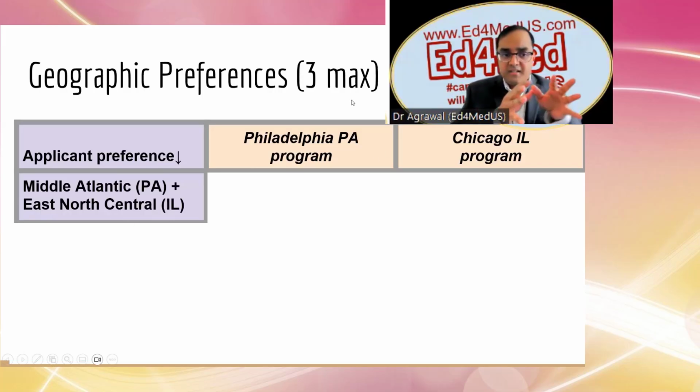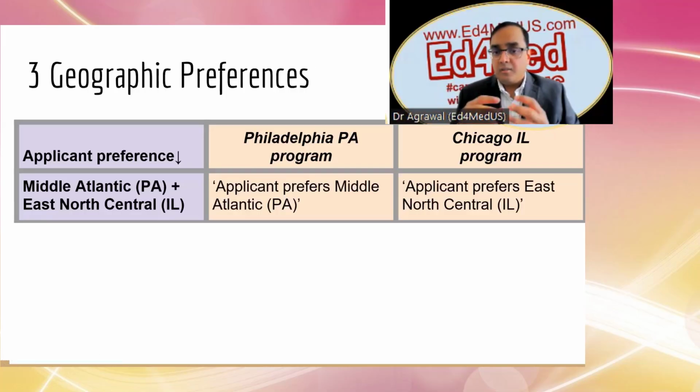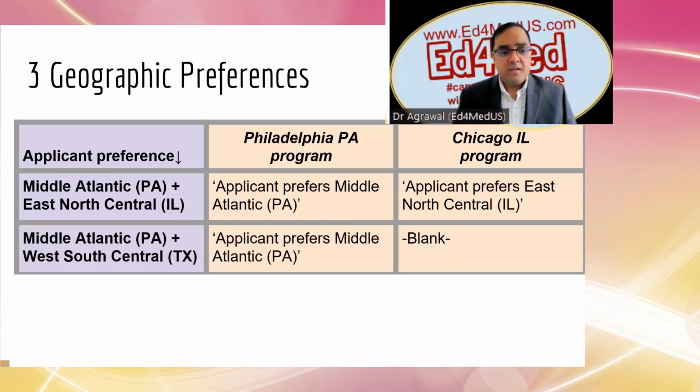So if this is the geographic preference and these are the programs they apply to, the programs will get this message: the applicant prefers Middle Atlantic. So just the region that the Philadelphia program is in. And the Chicago program will get the message: applicant prefers East North Central, that is Illinois. They're not going to know about the other regions that the applicant may or may not have chosen.